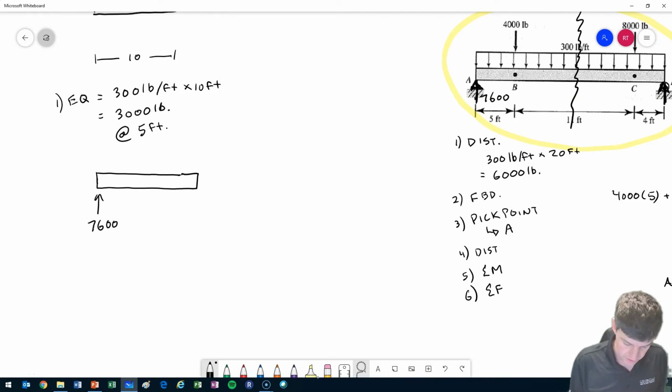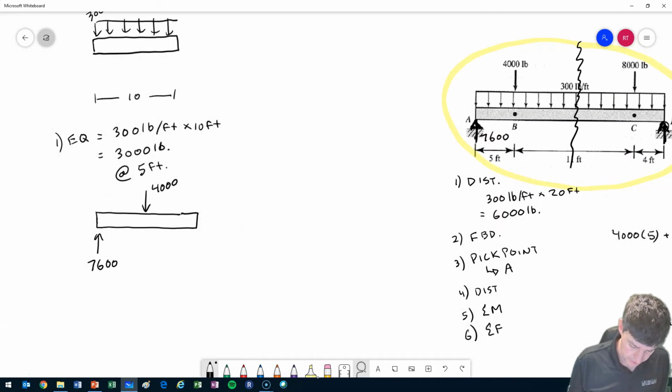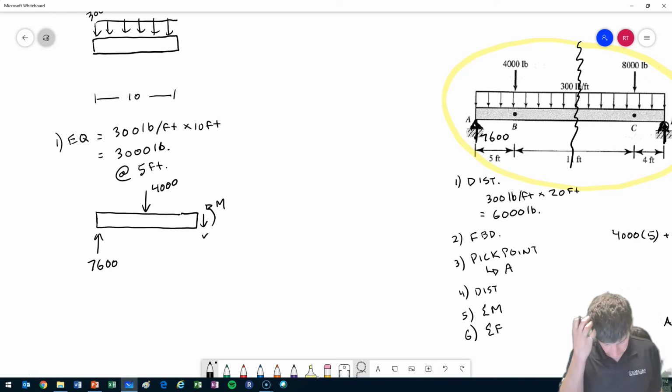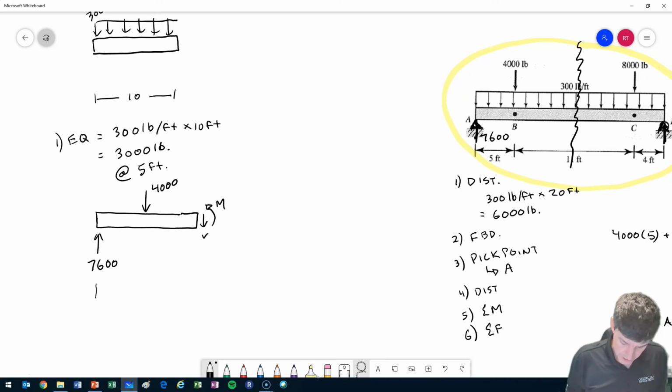7,600 pushing up, 4,000 pushing down. My equivalent load, I'm going to lay it out just in a second, but I'll have 3,000 to put in there as well. And then I have my cut. So in this case, I'll put in my V, and I'll put in my M. Since the whole thing is 10, and this guy is 5 here, that means actually my 3,000 is also at the same location.